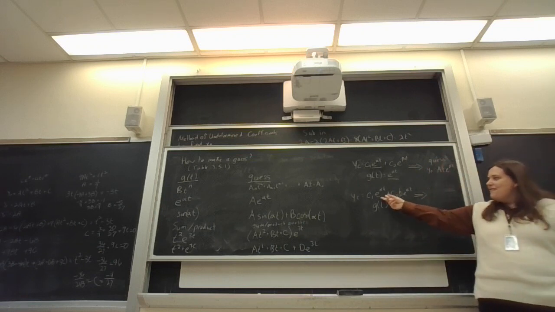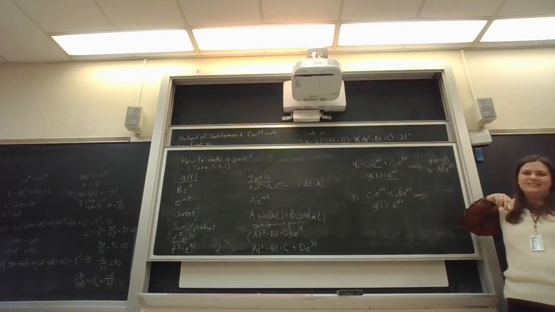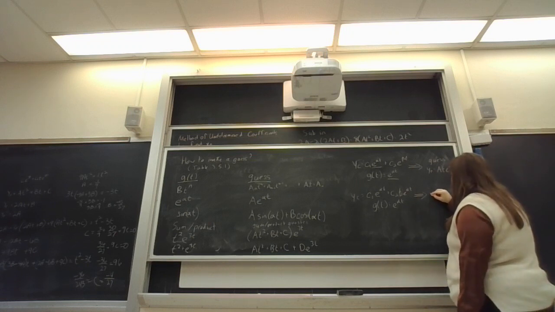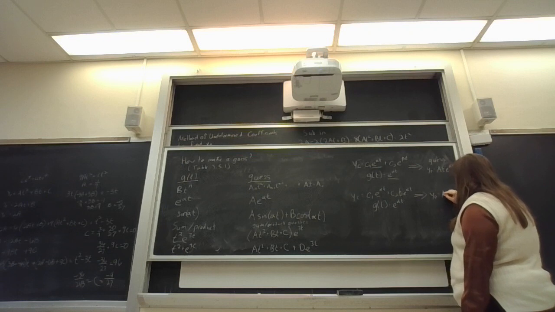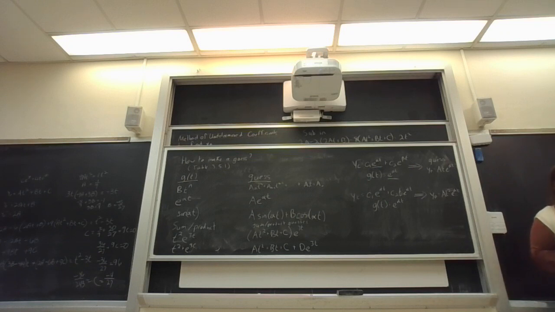So I've already got an e to the alpha t in here, and I've already got a t e to the alpha t in here. T squared. Yep. So your particular would be of the form A t squared e to the alpha t. That again comes from the Wronskian, but we've done a lot with the Wronskian, so we're just going to accept that that will work now.